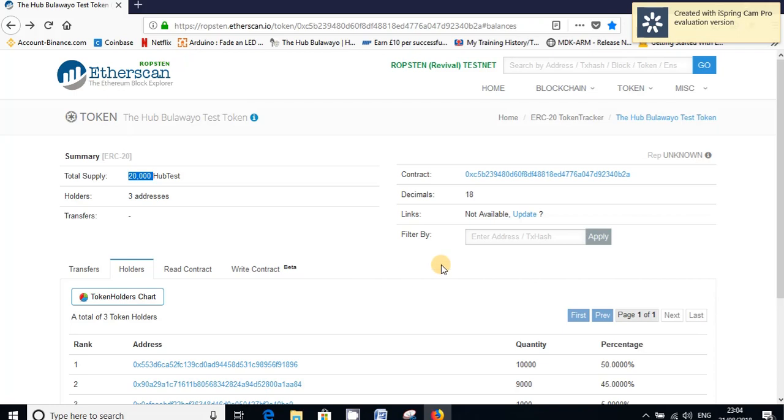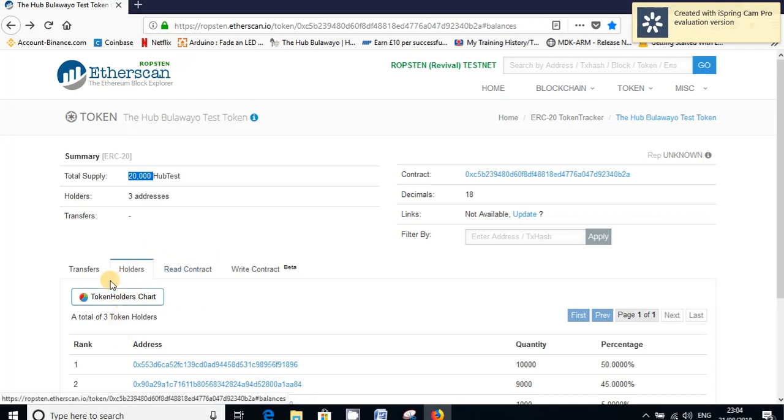Before I go into MetaMask, which is an e-wallet, I'll show you how we can trace who is owning what, how many shares, and what shares are owned by whom on the blockchain.